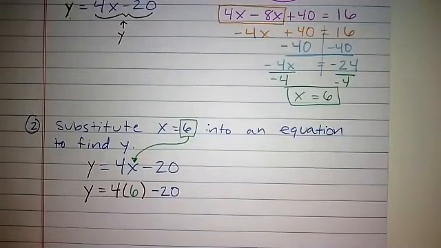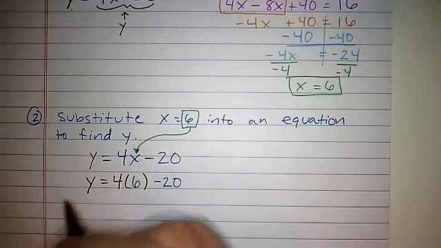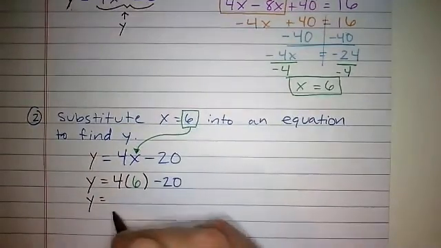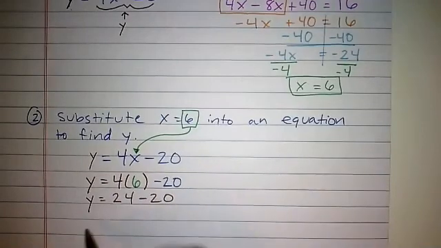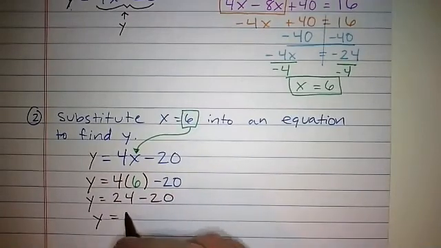Oops, I've got my colors going on here. All right. As I keep going, this is saying y equals 24 minus 20. Or I could say that y is equal to 4.